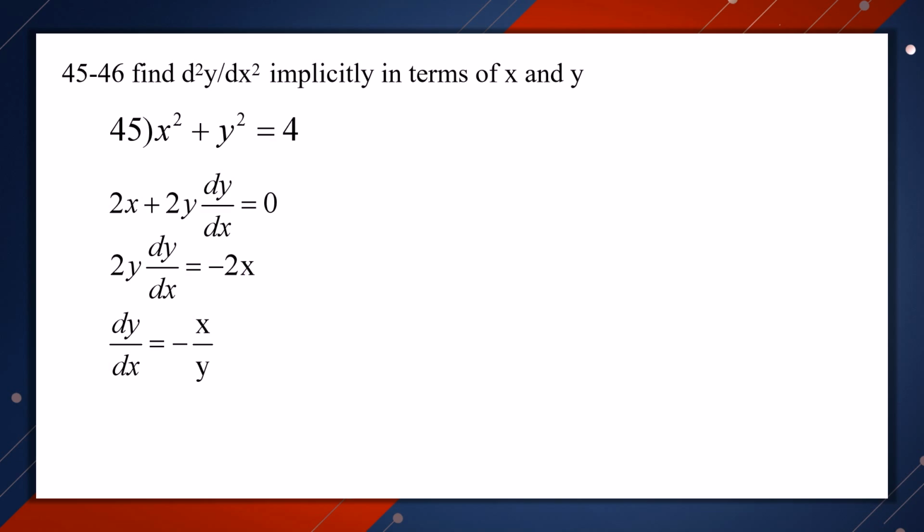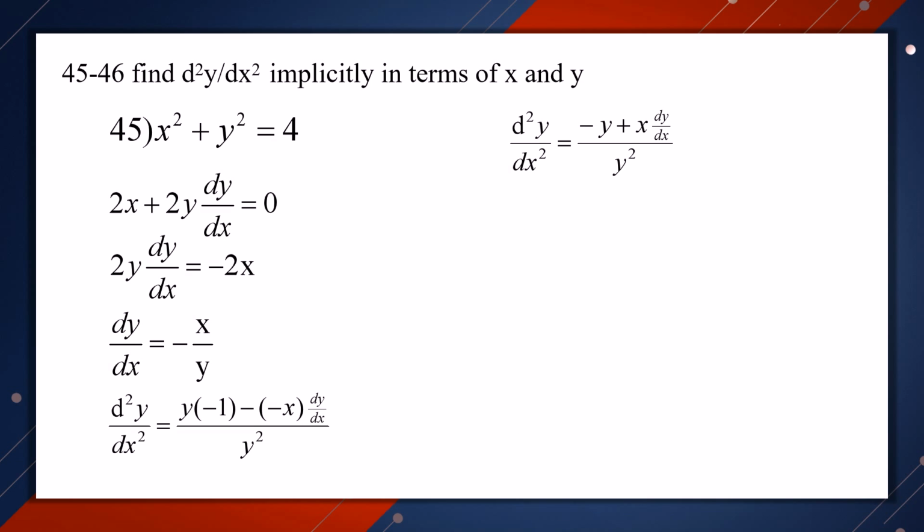And then we make the second step to get the second derivative. The second derivative of y equals y times negative 1 minus negative x times dy over dx, over y to the power of 2.